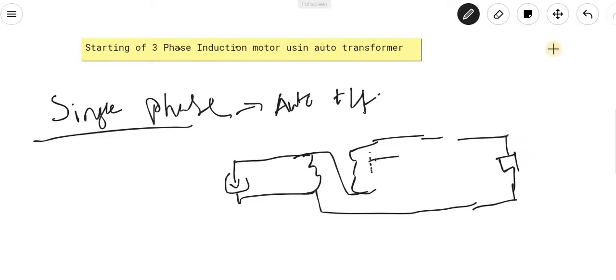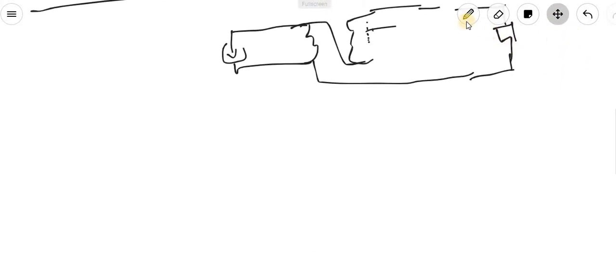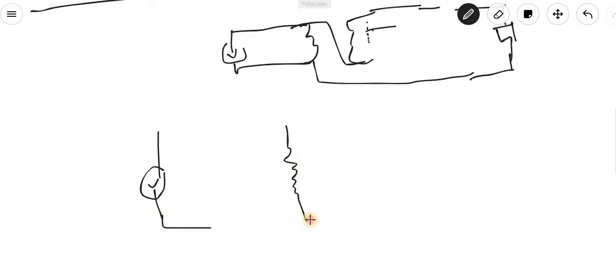It is similar to a rheostat, like a potentiometer. What is the connection? Potentiometer, resistance. This is the variable point.